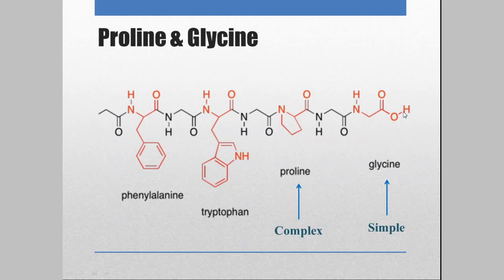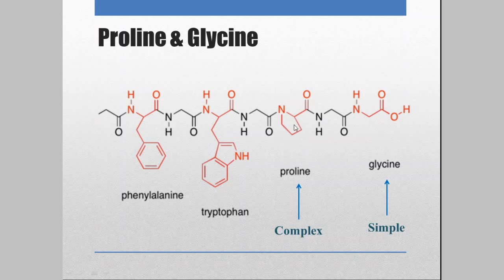For glycine, what is added in the R group is H, whereas for proline, there is a much more complex structure. Now, this thing matters a lot. When we have something like proline, which is a very complex amino acid, it affects the rotatable bonds, that is the phi and the psi bonds beside it.